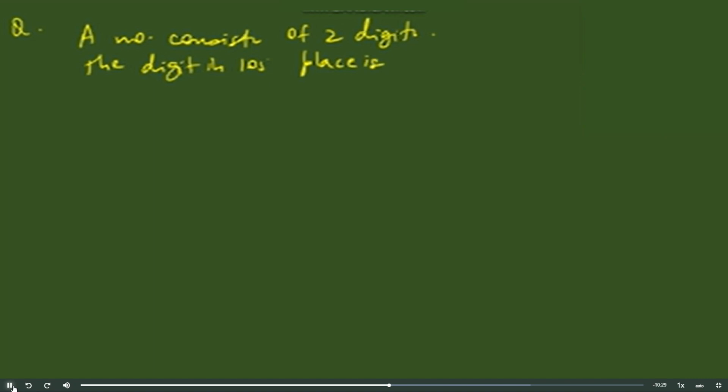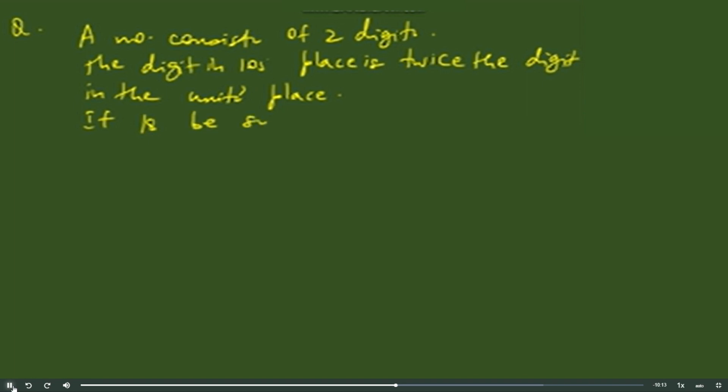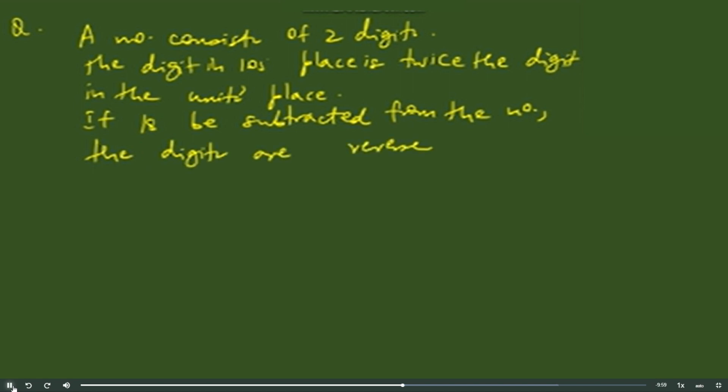A number consists of two digits. The digit in tens place is twice the digit in the units place.